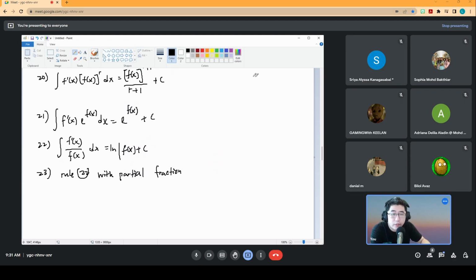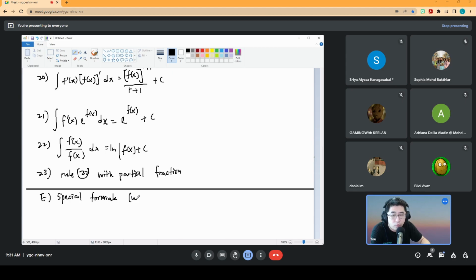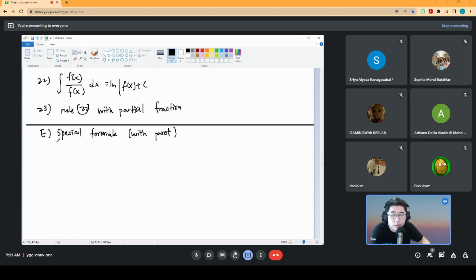After section D, advanced formula, we have E, special formula with proof. Special formula actually appeared as a previous question in the exam before.